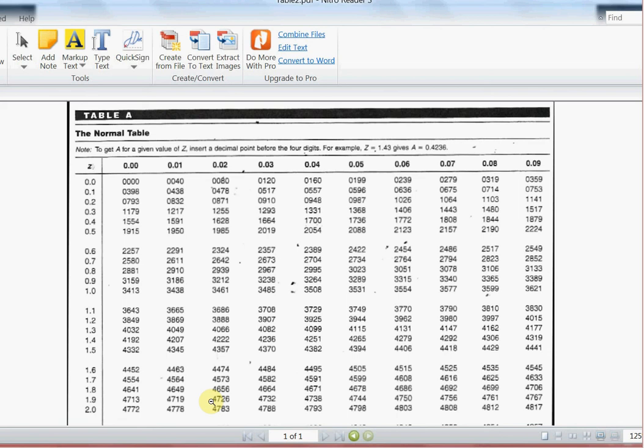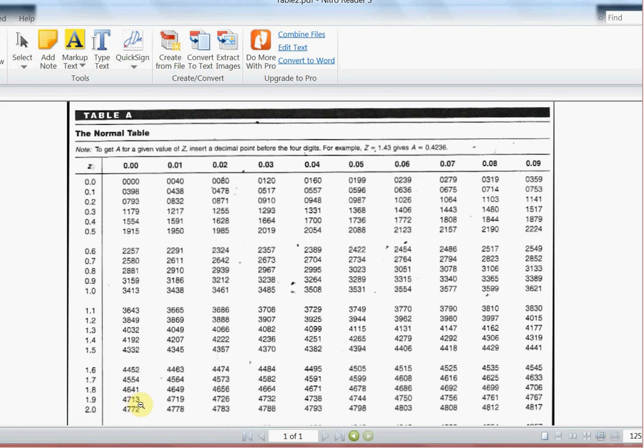You have different decimal places. But in our case, it's simply 1.90, so the second decimal place is simply 0. So you look for the column with the heading 0.00, and then you read across from 1.9 to the right, and this percentage number corresponds to a z-score of 1.90.